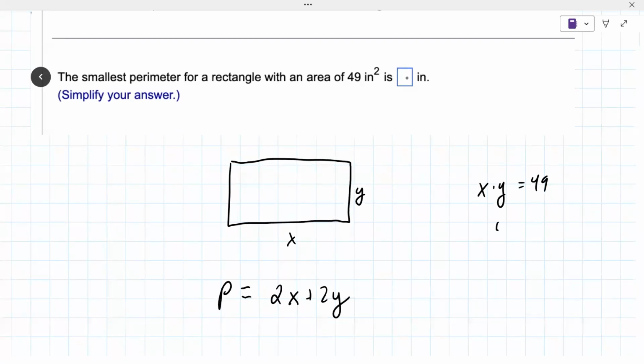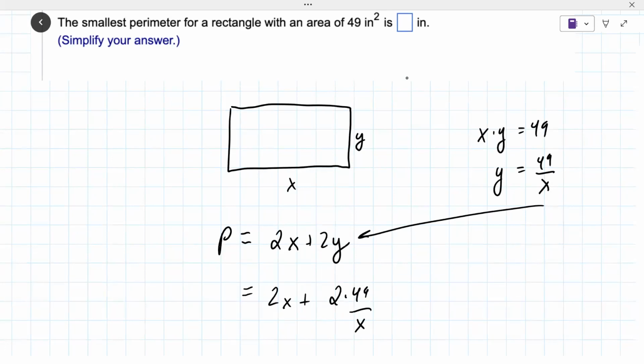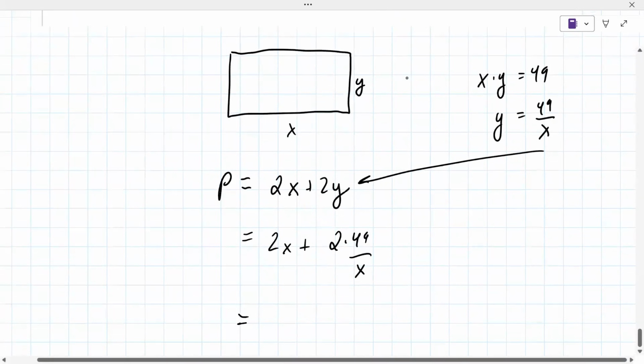You would have to solve Y equals 49 over X, and that goes into the perimeter equation. So it's 2X plus 2 times 49 over X, which is 2X plus 98 over X. Then you would solve this by taking the derivative and setting it equal to 0.